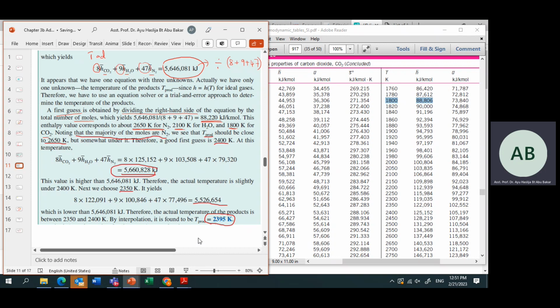Basically, they still need to assume 2 temperatures, but in this method, it calculates the total enthalpy for the unknown first. It's slightly more steps compared to the previous method that we applied. So in the exam, you can choose either to use this method or straight away assume 2 temperatures. Both are accepted.